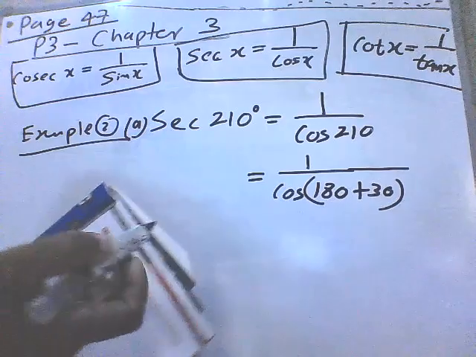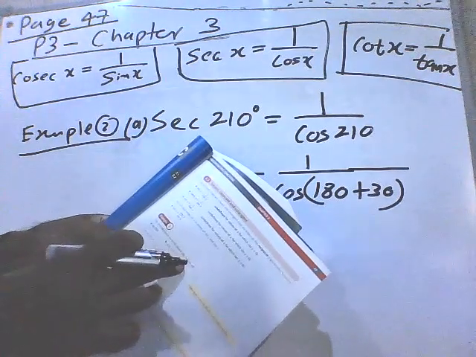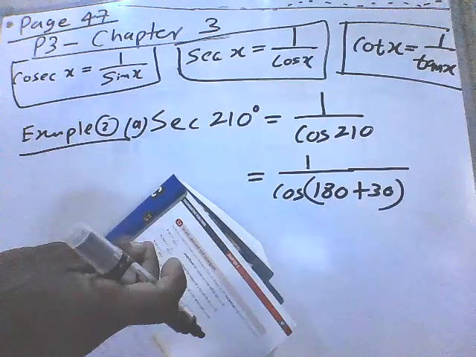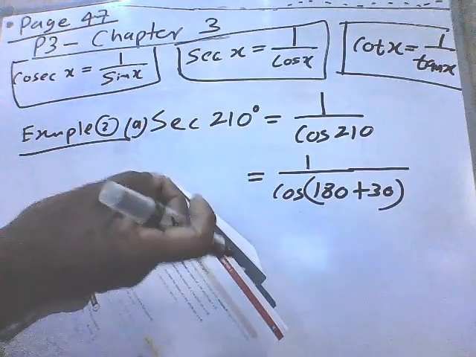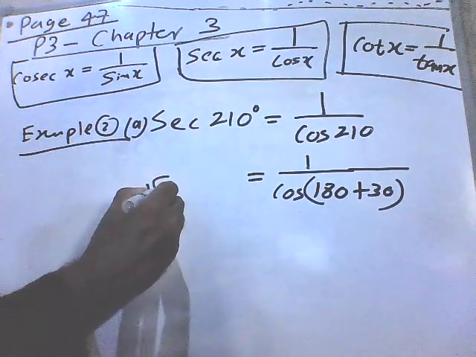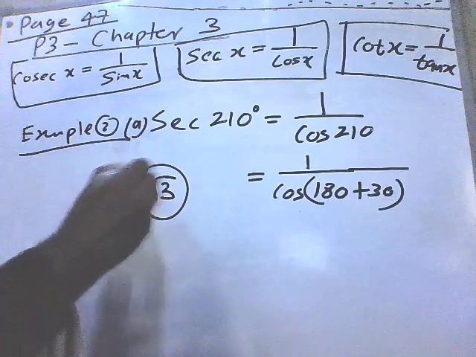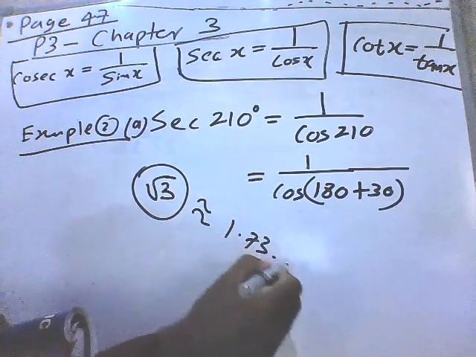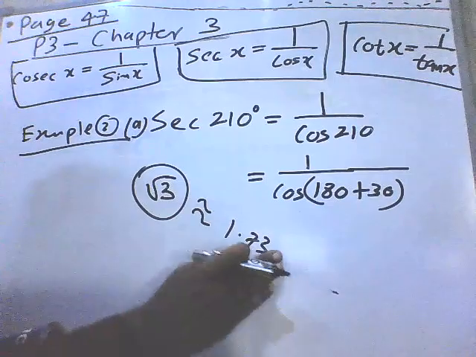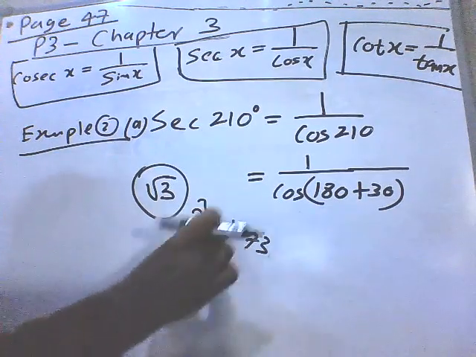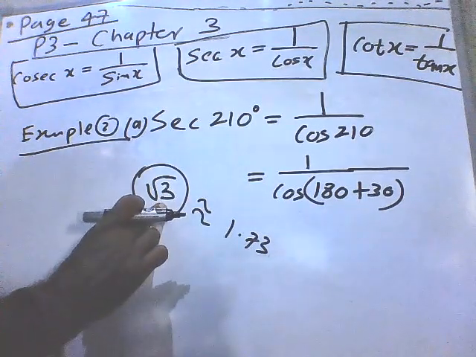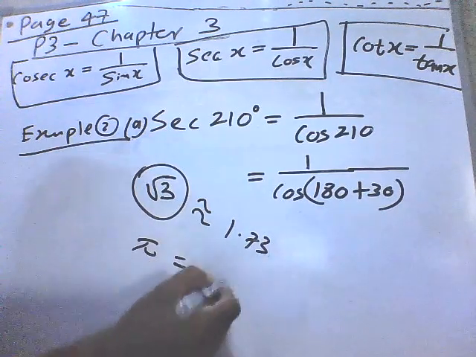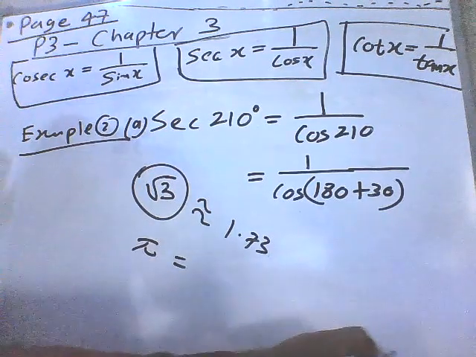Now another important thing: when they say to find the exact value, it should be in the form of root, e or pi, because those contain the exact value. Root 3 is the exact value, but it is roughly equal to 1.73 with some decimal places, so if you round it, it is not exact. Pi is an exact value, but if you write it as a number, it never ends.